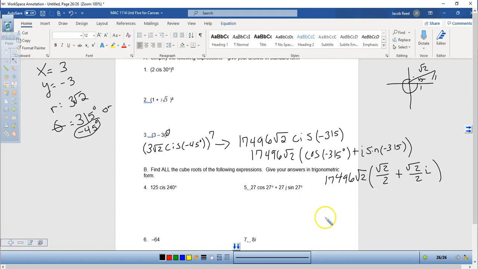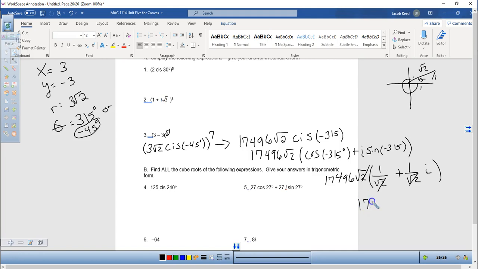which another way to write this, which I found to be a little bit easier, is I wrote them as 1 over root 2 plus 1 over root 2 i, because that means this root 2 cancels with all of them.